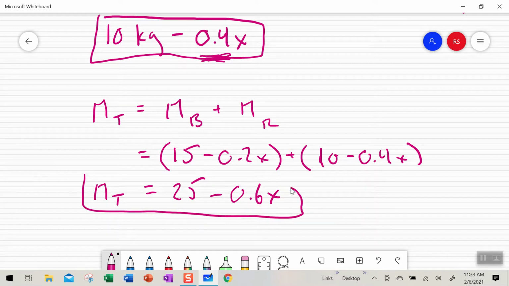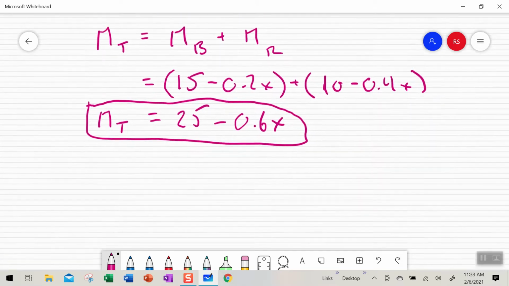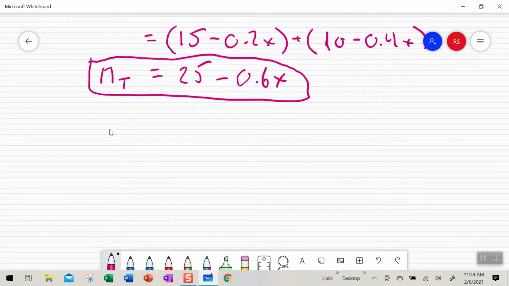All this work is just to figure out that mass. Now let's go back to our force function. Remember, we said that our force function is going to be 9.8 times the mass.